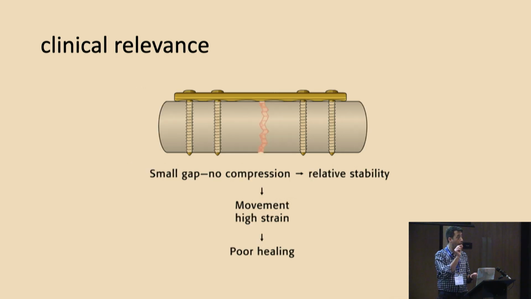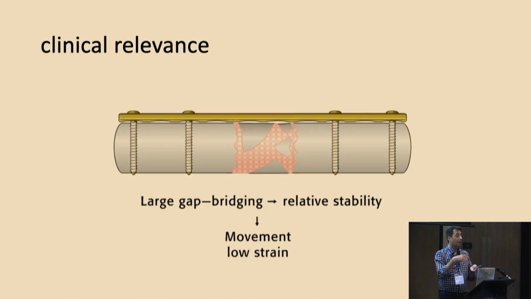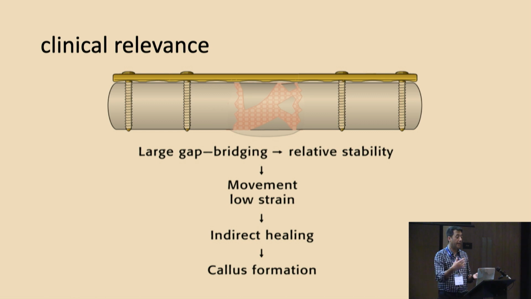A small gap with no compression, and this is the typical simple fracture line fixed by a locked plate maybe where the fracture's not reduced perfectly, gives us a gap and motion, but the gap is small, the motion is relatively large, we get high strain, poor healing. In comminuted fractures, the strain is shared more evenly across the fracture lines, so relatively they all have a low strain environment, and that leads to callus formation.